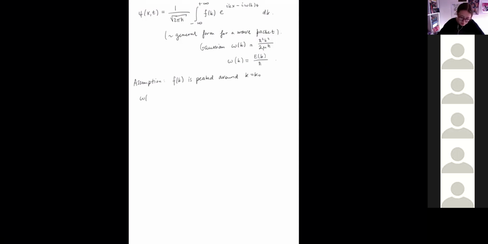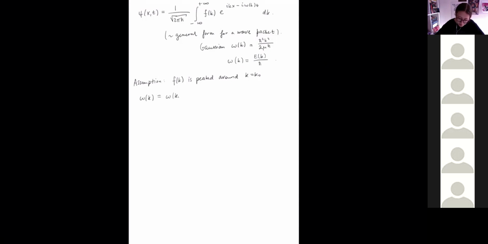So we need to write everything that appears in the integrand as a series in the neighborhood of k0. So we write omega of k as a series in the neighborhood of k0.